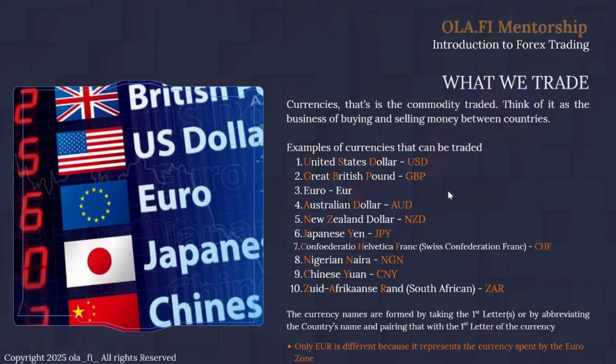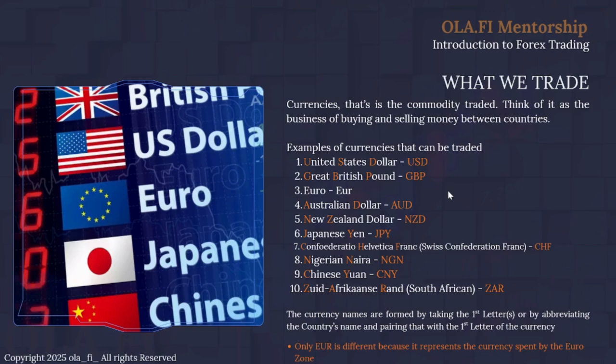So currencies is what we trade, the buying and selling of money between countries. All currencies can be traded or exchanged, actually, but not all currencies are advised to be traded in the online trading industry. That's forex trading online. Not all currencies are encouraged to be traded.